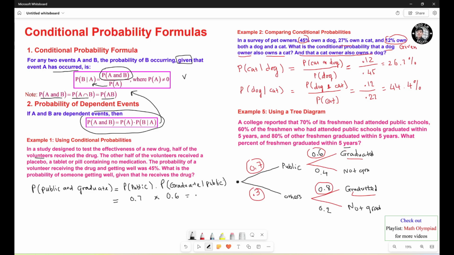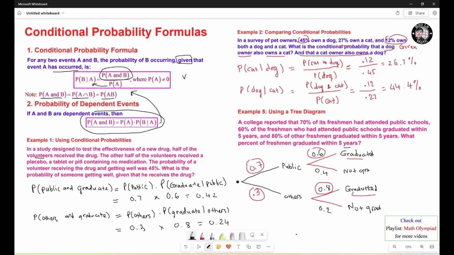It's going to be 0.42. Now the second one: the probability of others and graduate equals the probability of others times the probability of graduate given others. It's going to be 0.3 times 0.8, which is 0.24.